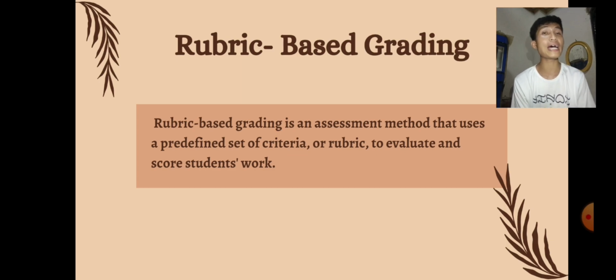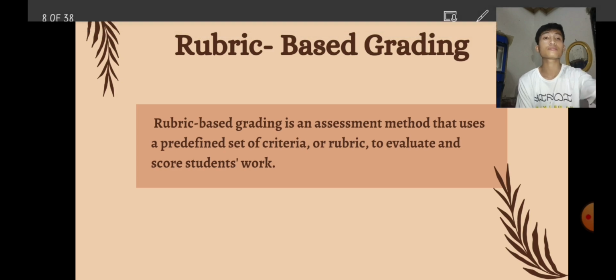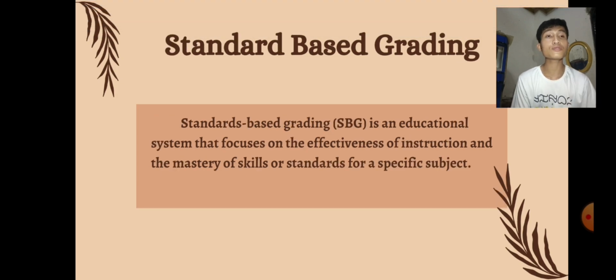The next one is rubric-based grading. Rubric-based grading is an assessment method that uses a predefined set of criteria or rubric to evaluate and score students' work. The next one is the standard-based grading. Standard-based grading, or SBG, is an educational system that focuses on the effectiveness of instruction and the mastery of skills or standards for a specific subject.